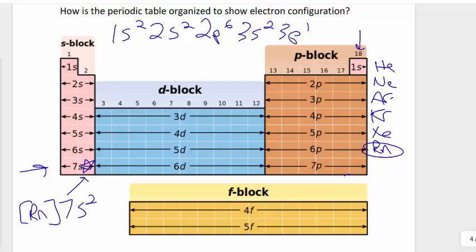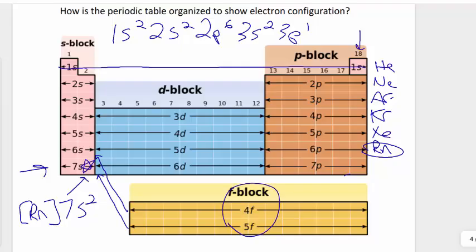Things get a little tricky with the f subshell, writing that out. We just need to remember that it fits into the periodic table like a puzzle piece. And so again, as you go across the rows, the s and the p are the same as the row. So you have 1s, 2s, 2p, 3s, 3p. And then if you notice, as you go across row 4, it's 4s and 4p, but the d is one less than the row number.